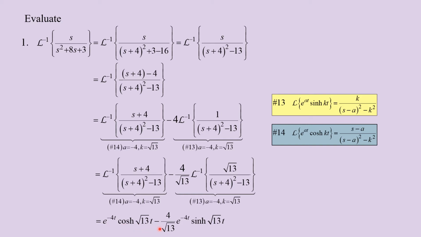Minus, for the second part, 4 over the square root of 13. Now for the inverse of this function, we can apply formula number 13, e^(at) sinh kt, where a is negative 4 and k is the square root of 13, so e^(−4t) sinh(√13 t). Okay, so this is the result for finding the inverse of the given rational function.